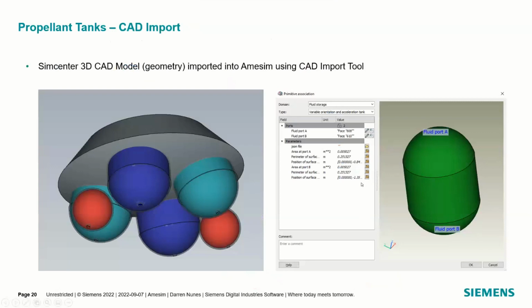All right. So you saw in one of the previous examples that we used spheric tanks. So we can take that CAD geometry, similarly to what we did when we did a co-simulation and leveraged the solver of SimCenter 3D. We can take our CAD geometry and import that into AIMSIM using what we call a CAD import tool, and it will take all of the definitions for you, right?